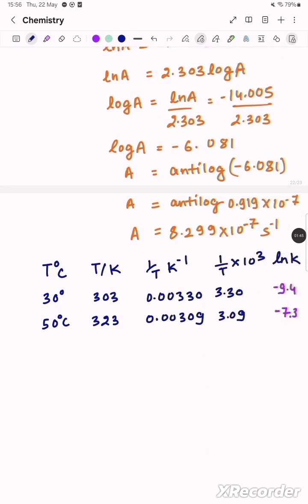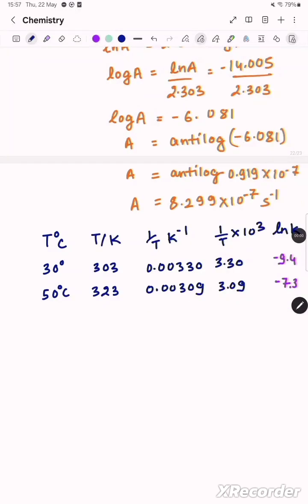Now next, from ln k we have to calculate the k value. So how to calculate this? Again we calculate the k value from ln k as we have done previously, by converting ln k to log k and taking the antilog. So how to calculate it?